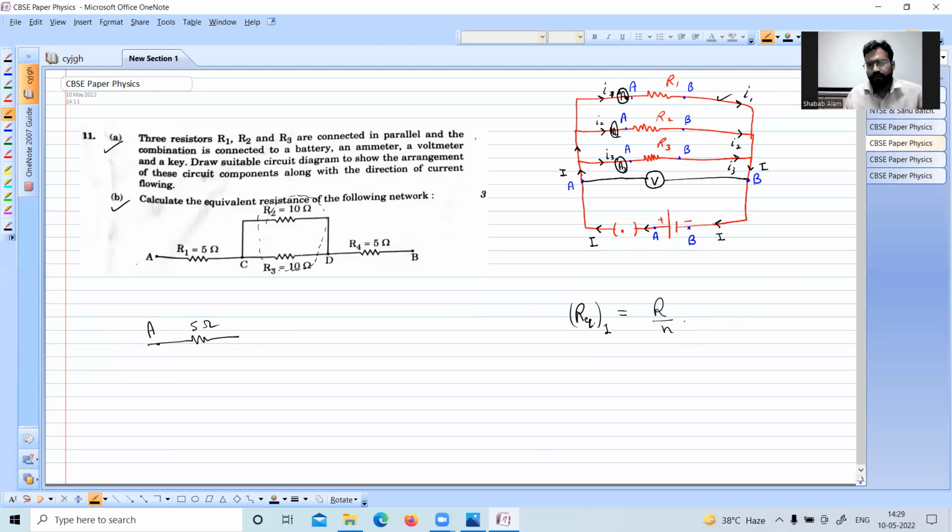You can do it from your traditional method as well, 1 upon R2 plus 1 upon R3, you will get the same result. So this is 10 upon 2, because the number of resistors is 2 and the resistor is 10. So you are getting 5 ohm as the value between C to D. This is point C, this is point D.